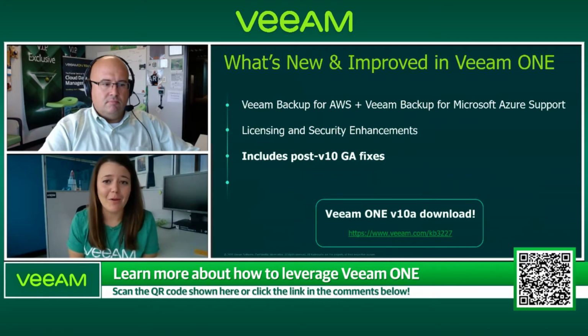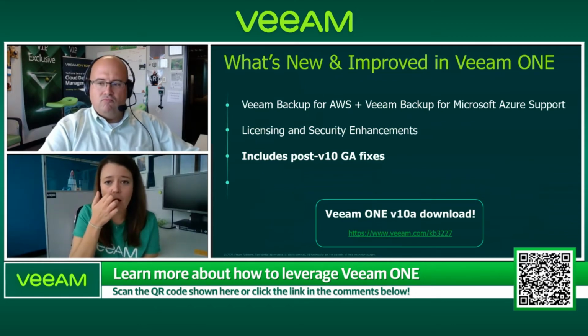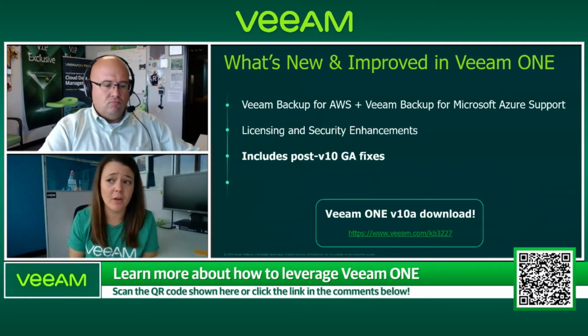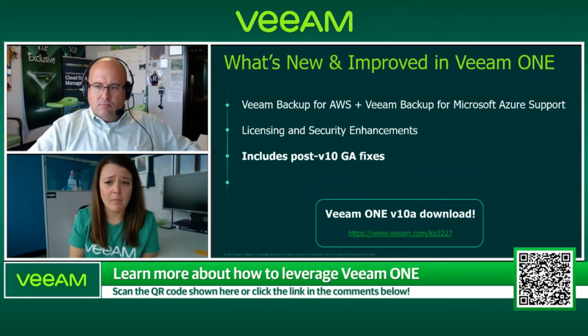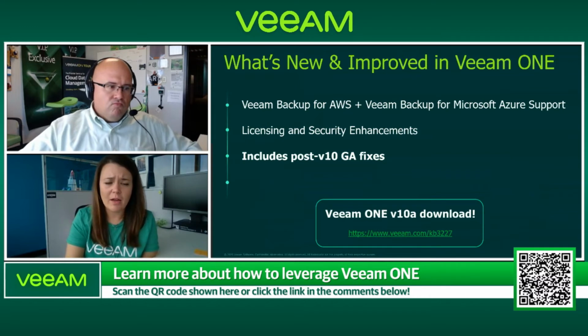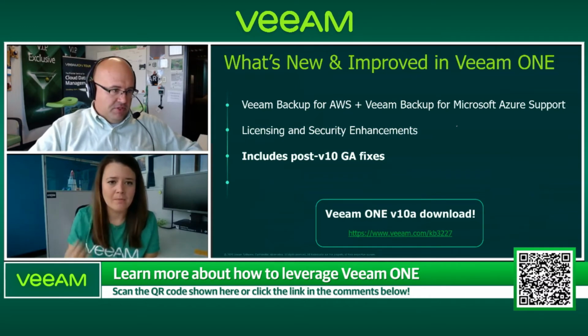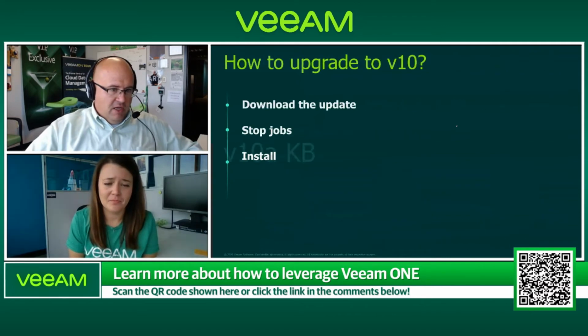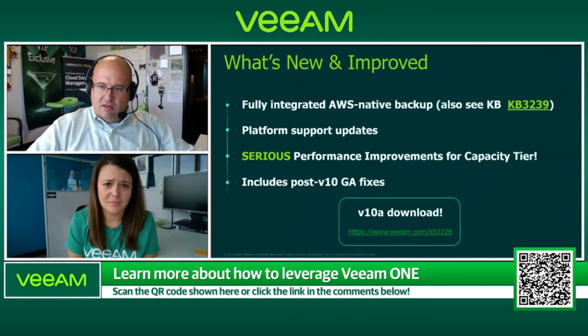Veeam to back up, you'll actually get that visibility within Veeam ONE now. This is going to require, obviously, that your Veeam Backup and Replication server is updated to 10A, and you have the Veeam Backup for AWS plugin installed. The Veeam Backup for Microsoft Azure plugin, is it available yet, or is it not available yet? It is, and in fact, I was just actually suggesting that we put some of these KBs in the links.